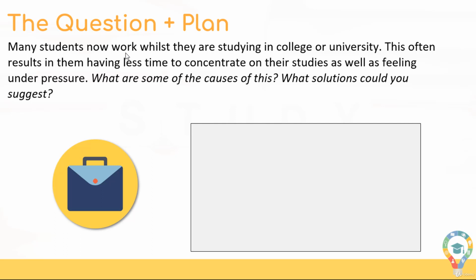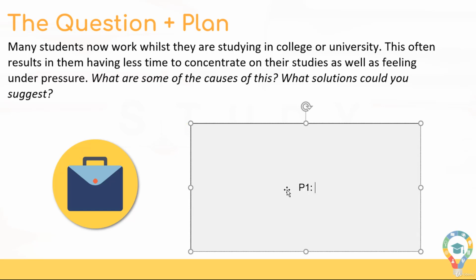So many students are working while studying for a college or university, and it results in less time for concentrating on studies as well as making them feel under pressure or stressed. So why are students doing this? What kind of solutions can I suggest? So why are students working when they should be studying? I think the obvious answer to that is quite simply for money.